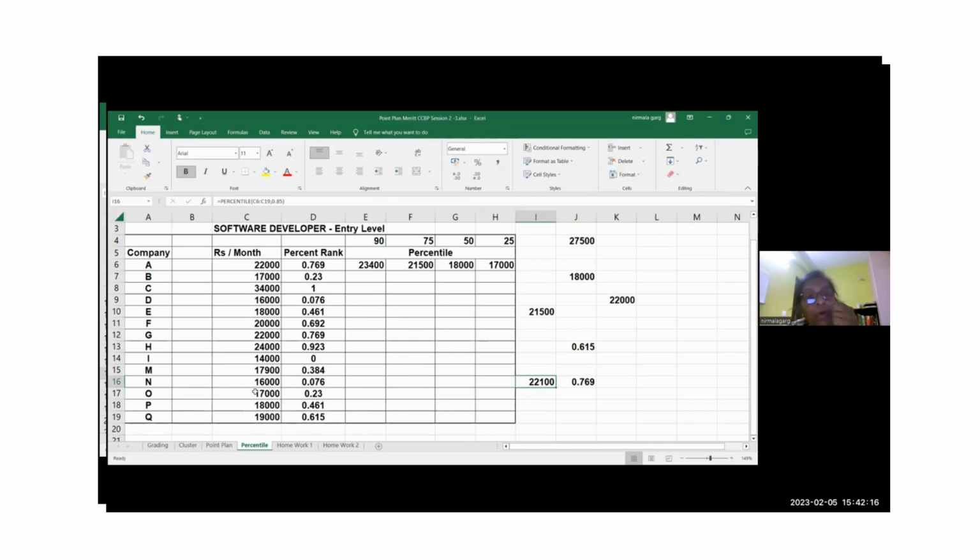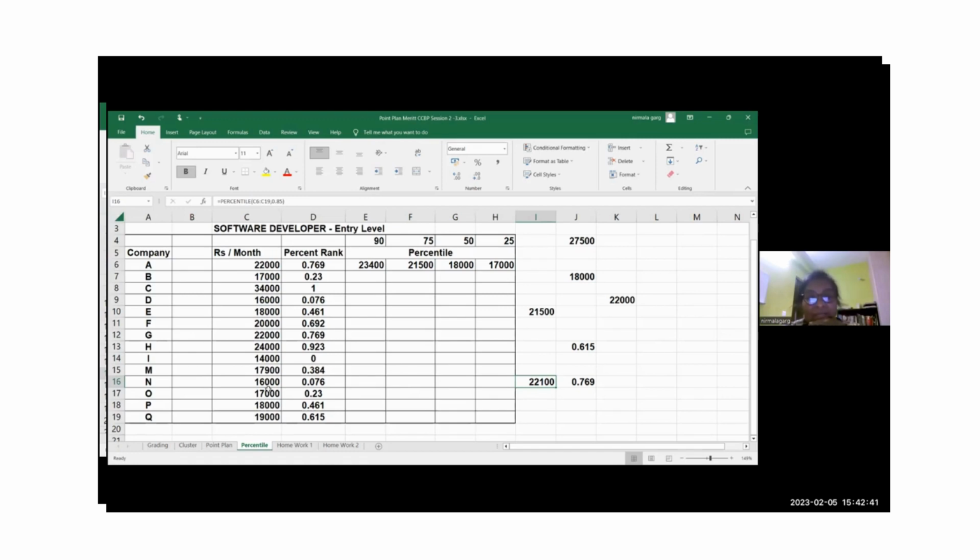Or if I want to know the percentile at which I am paying, what will you do? This is the other question. We've used percentile enough. We know how to do it. Now, if 16,000 is the salary I'm paying in this data, at what percentile is this?